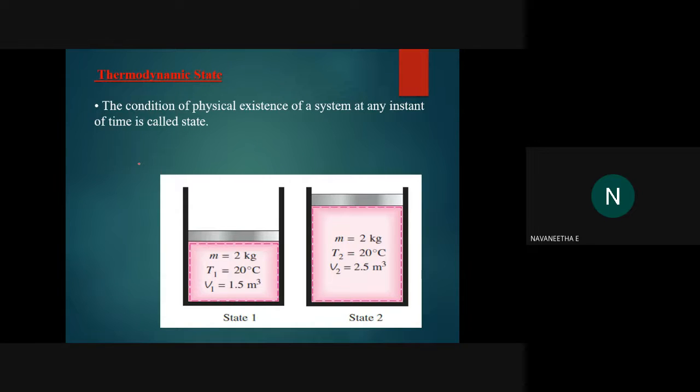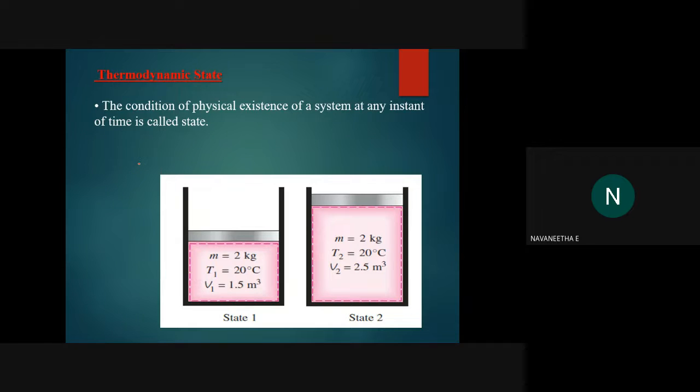There are different types of state we know. Examples of state of the system: liquid state, gaseous state, solid state. So how are we defining the state actually?